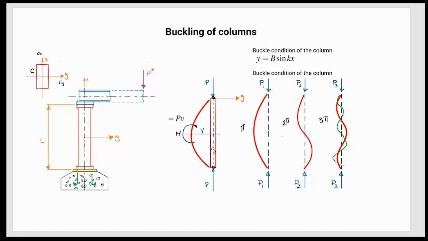This is important to know, and you will find in the text that it is introduced as a way to let you know that it could fail like this. But columns are simple elements, and as many materials will fail in the way that requires the minimum energy to fail, a column is most likely to fail in this way because this is what requires the minimum energy.